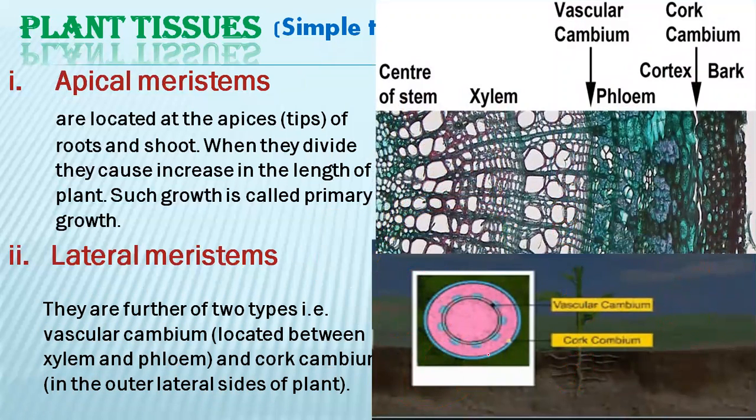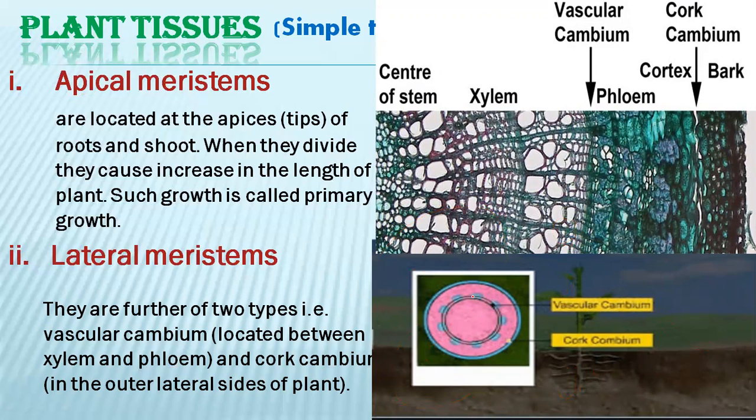Here you can see that if we cut the cross section of the stem or the root from the center, you can see this bundle, this blue one, that is the bundle of xylem and phloem. Xylem is towards the inside and phloem is towards the outside.